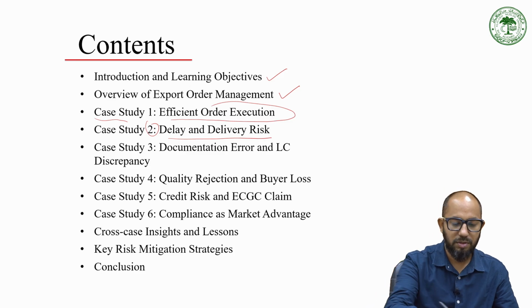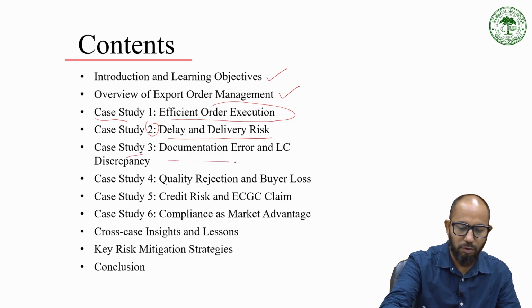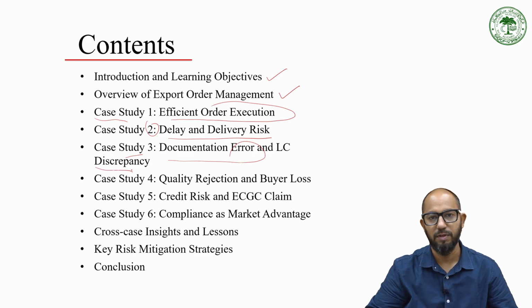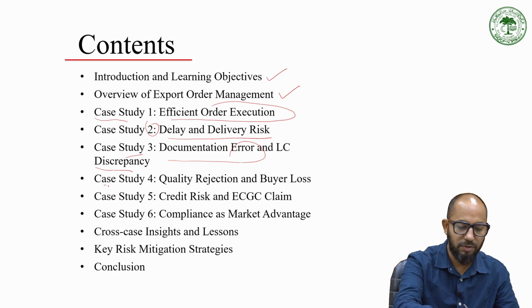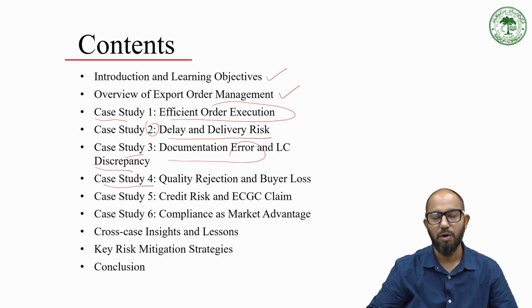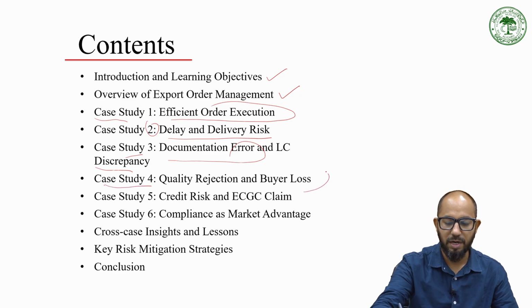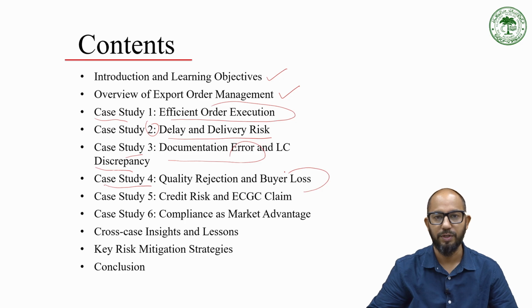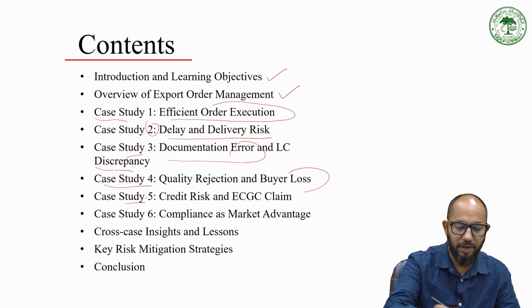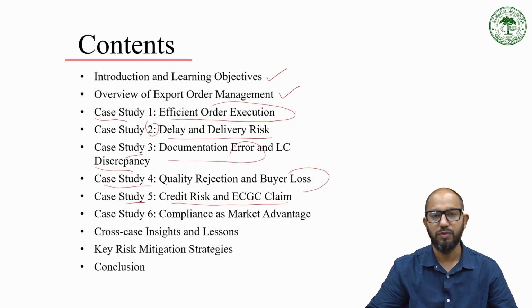The third case study will focus on documentation errors and letter of credit discrepancy. After that, we will move to case study 4, where we will talk about quality rejection and buyer loss through a scenario, followed by case study 5, where we'll try to see credit risk and ECGC claim scenarios.